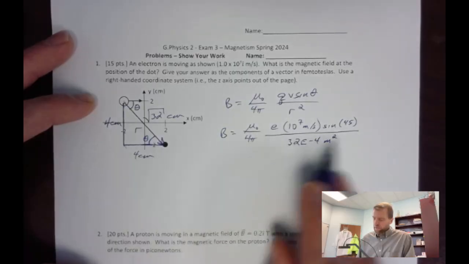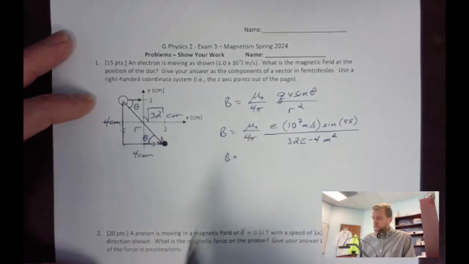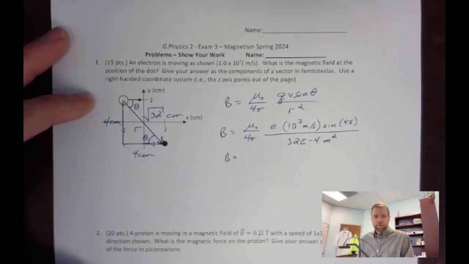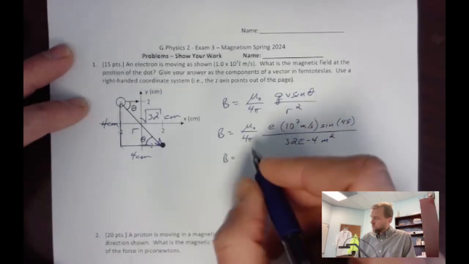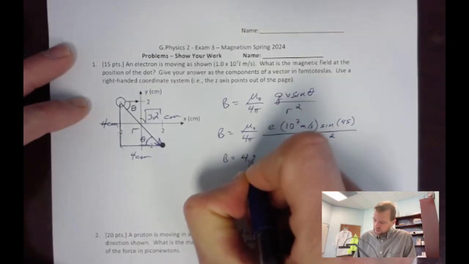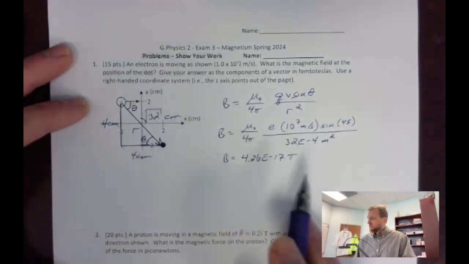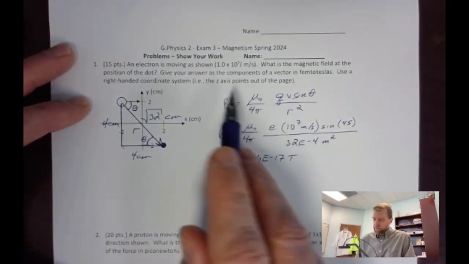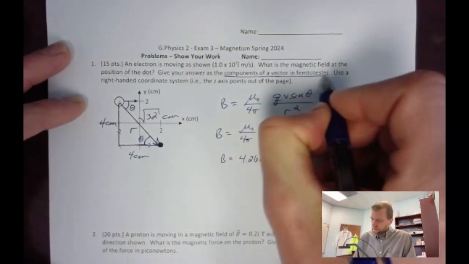We can calculate this, noting that both mu and e are constants that are in our calculator. When I crunched the numbers, I got 4.26 times 10 to the minus 17 Tesla. Then it asks for us to give it in components in femtotesla.